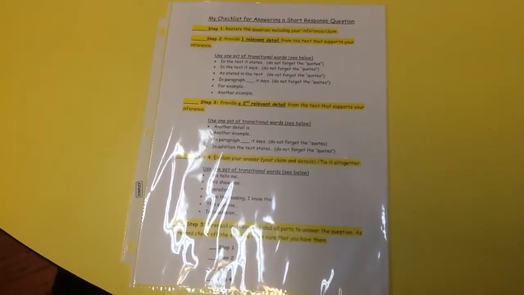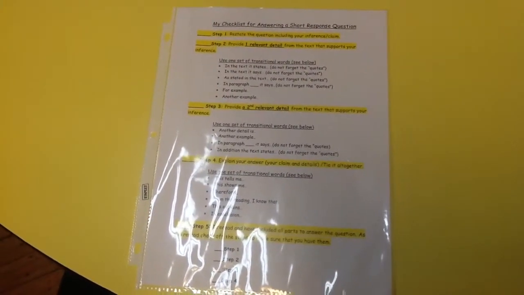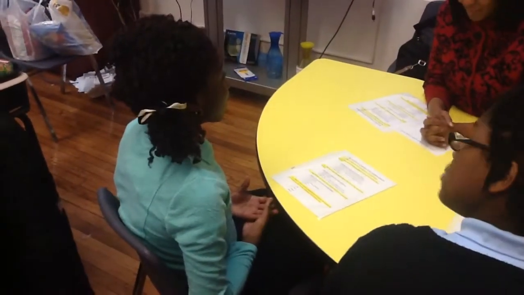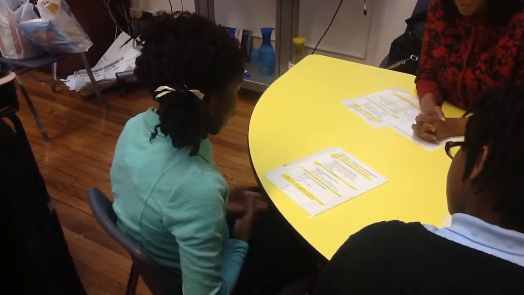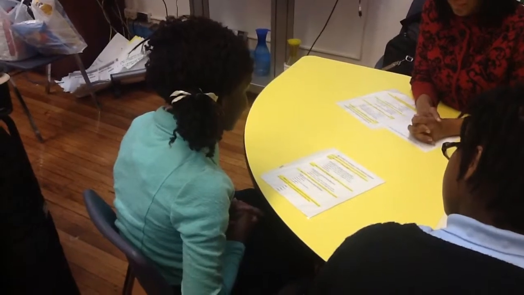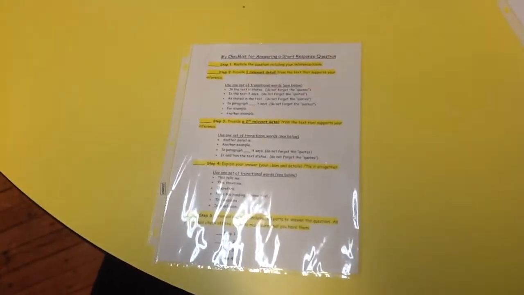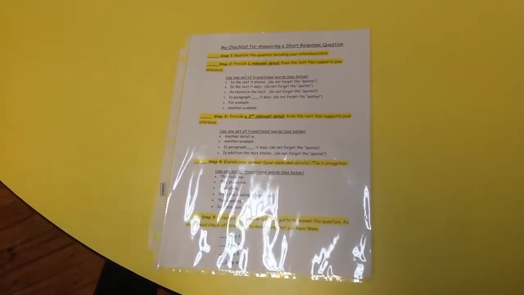Now, in using the details, how are we going to organize it, Leslie? What words can we use to help us? Some words that we can use to recognize our inference or our claim is, or our examples are, in the text it states, in the text it says, as stated in the text, in paragraph, such as it says, for example, and another example.